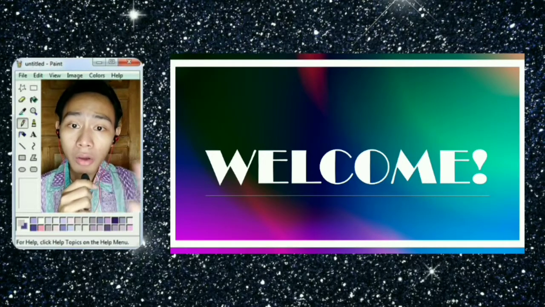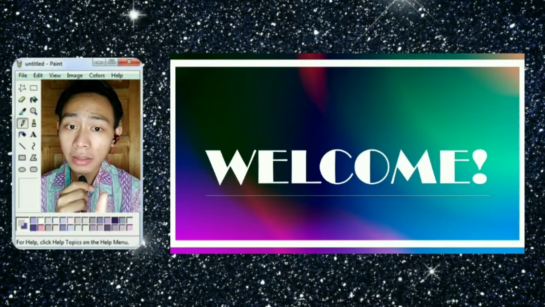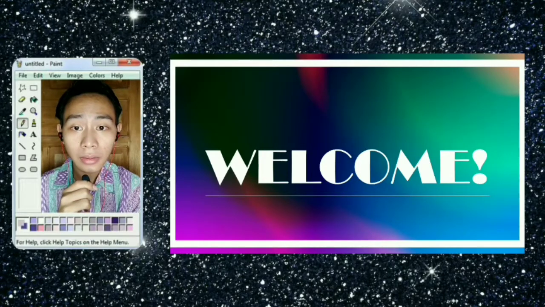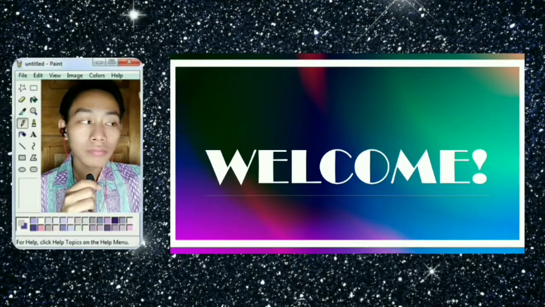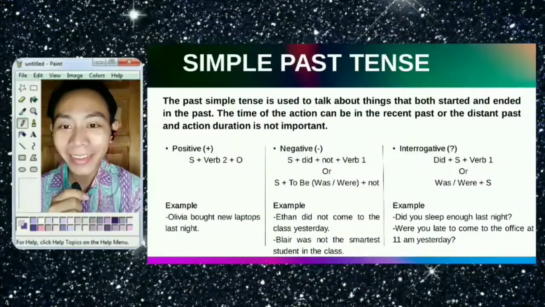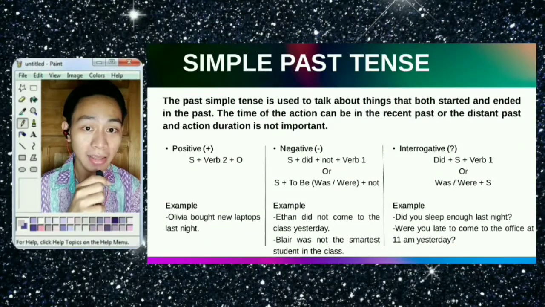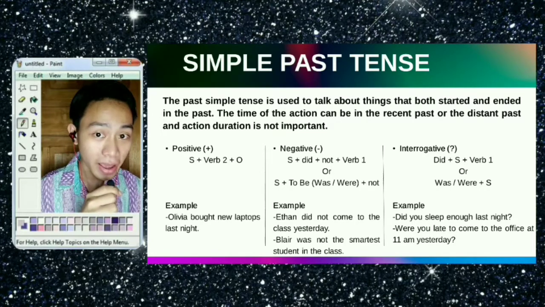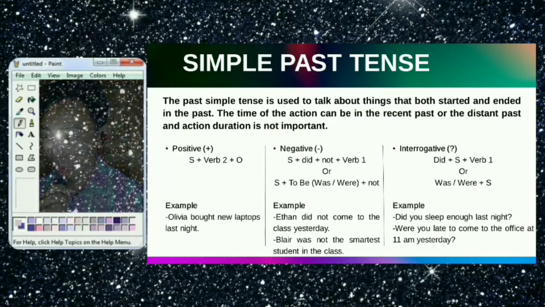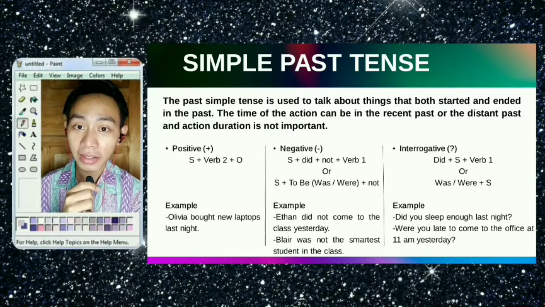Then, how do we form a simple past tense sentence? That's right. To form a simple past tense sentence, the formula is subject plus verb 2, as you can see on the screen.